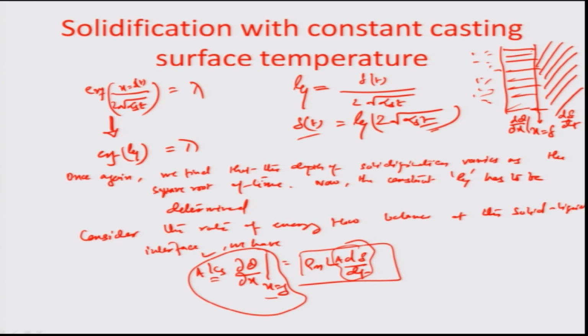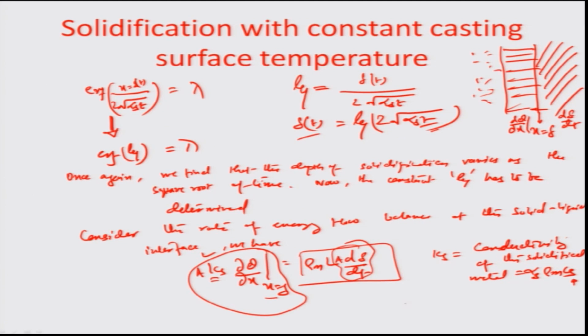Ks here in this particular case is the conductivity of the solidified metal, and this can be written as alpha s times rho m times Cs.